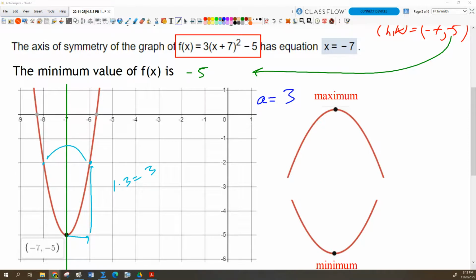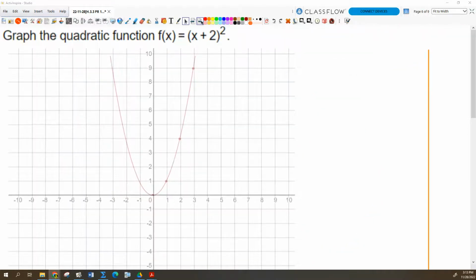Okay? How about this guy? Coordinates of the vertex. Yeah, everybody buy that? -2, 0. Okay, so we can take this graph and move it down to there.